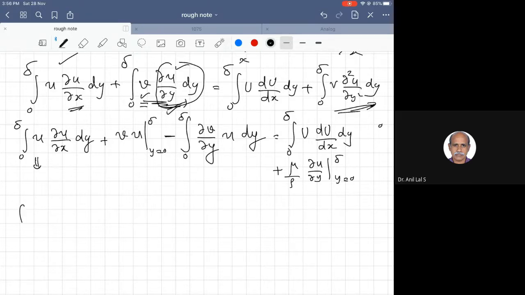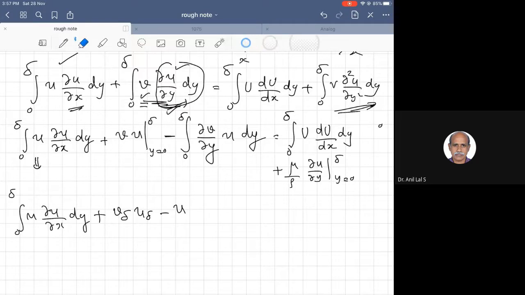Now this one we simply repeat: the integral from 0 to delta of u dou u by dou x dy, plus we apply the limit, that is v at delta times u at delta, minus the lower limit, v at y is equal to 0 times u at y is equal to 0. I am not writing the x, y values.